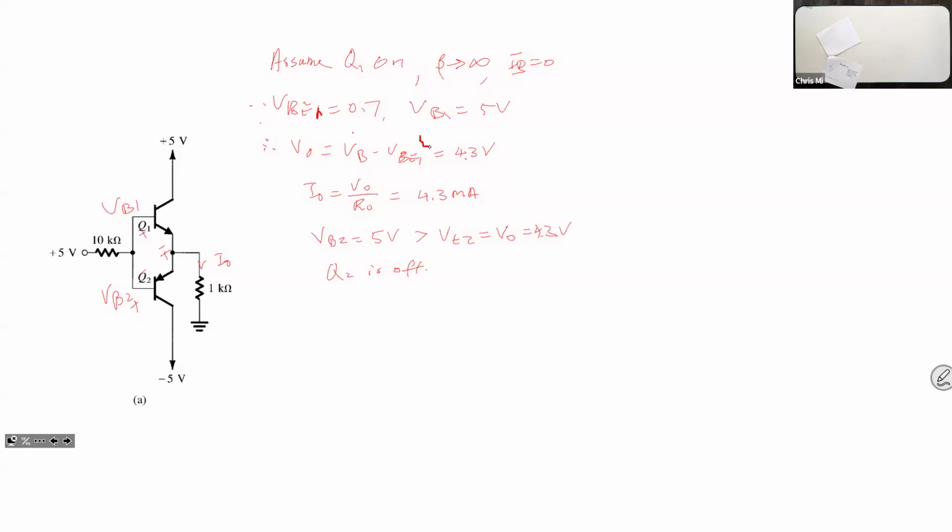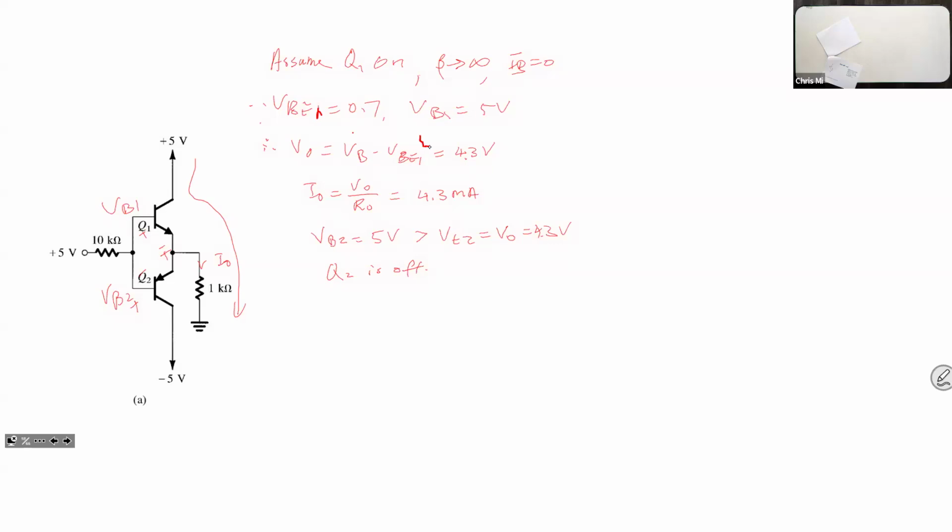Everything in this process seems logical. The 4.3 milliamp current goes from 5 volts to Q1, to the emitter of Q1, then through the 1K resistance and down to ground. So this seems to be good.